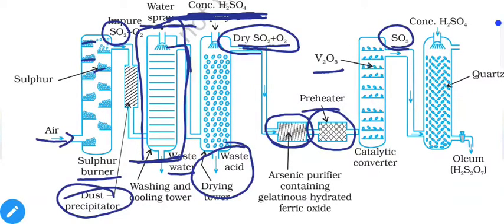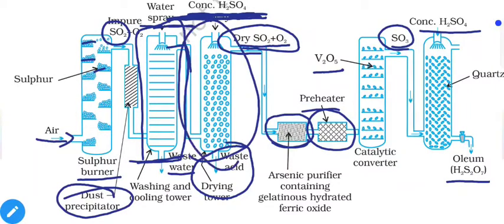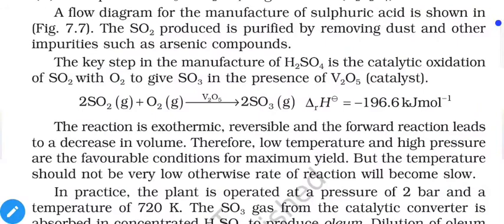Finally, the produced SO3 will react with concentrated H2SO4, and SO3 plus H2SO4 will produce oleum or H2S2O7, which is also an oxoacid of sulfur. So as we can see here, instead of producing H2SO4, we are actually using H2SO4 in two different stages. First in drying sulfur dioxide gas, and later SO3 will combine with H2SO4.